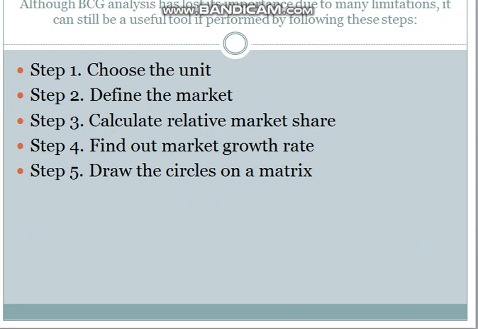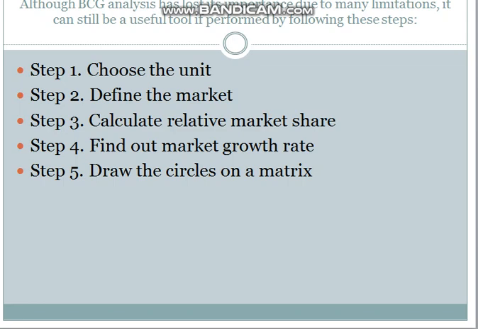Third one is calculate the relative market share. Relative market share can be calculated in terms of revenues or market share divided by the market share of your largest competitor in the industry. There is a formula to calculate relative market share: relative market share equals your firm's market share divided by largest competitor's market share.